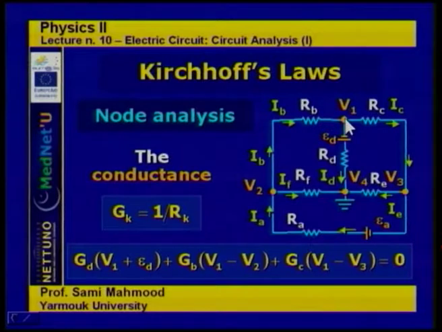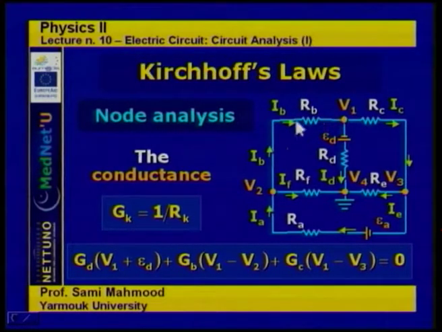The current across the second branch is determined from V1 minus V2, the potential difference across this resistor, divided by the resistor RB or multiplied by the conductance GB.